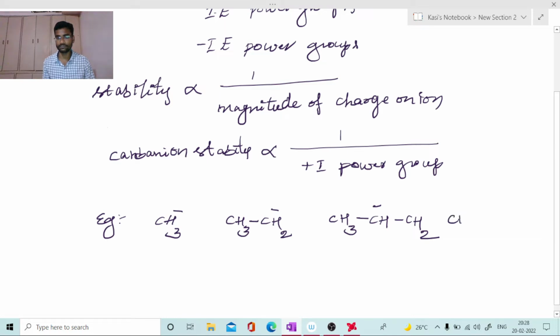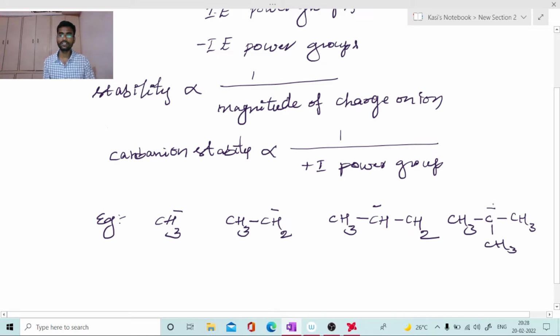Next one is the tertiary carbanion. Here one electron releasing group is present, so it can donate electrons to this CH2 minus. Here two electron donating groups are present, and both are donating.